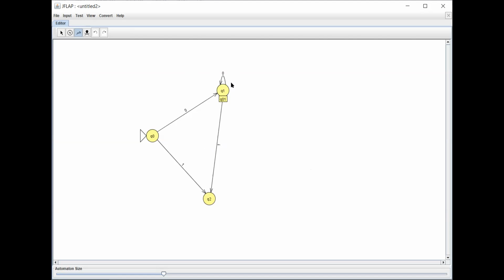Okay, now we have set the transitions for Q01, which is the new state.